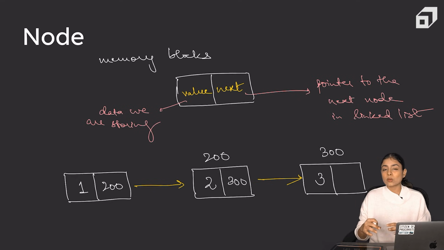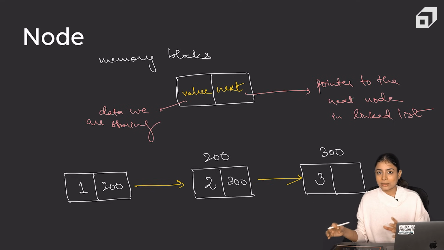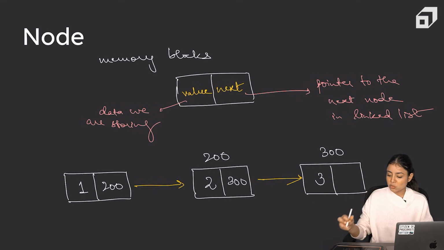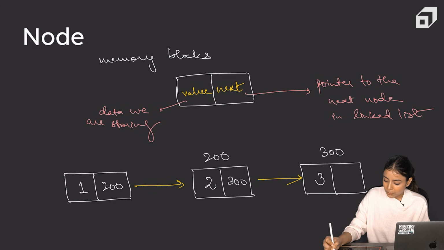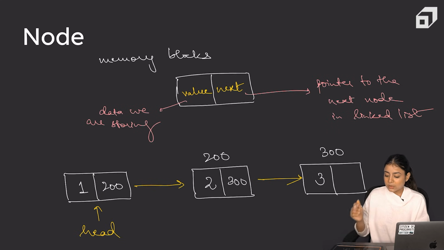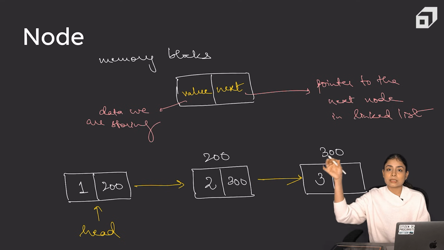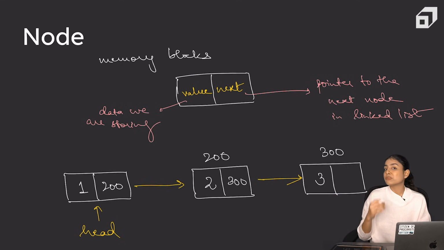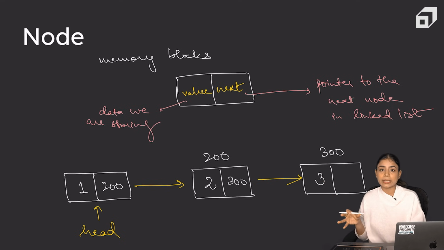Now, how do I know where my linked list is exactly starting? Where is the first node? For that, we take help of another pointer called the head pointer. The head pointer tells us where my linked list is starting, and if I give you the head pointer of any linked list, you'll be able to traverse all of the elements in my linked list, right?